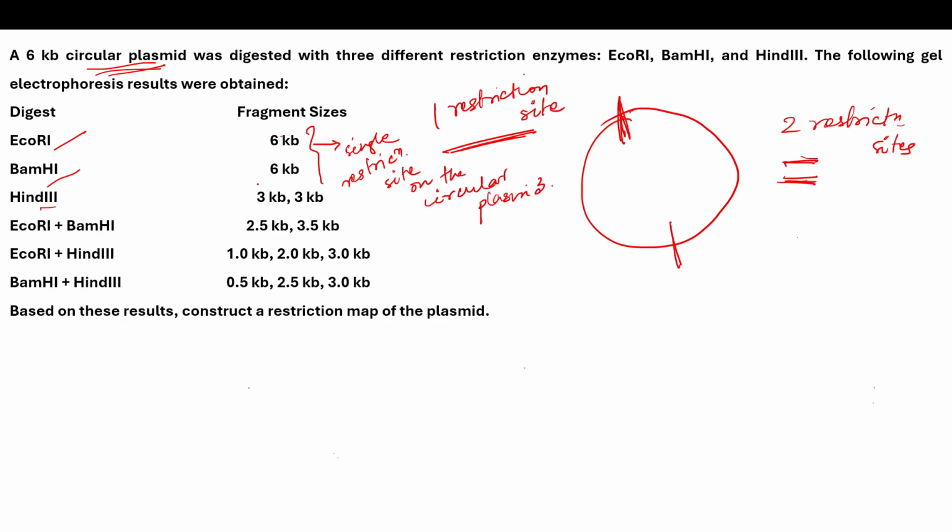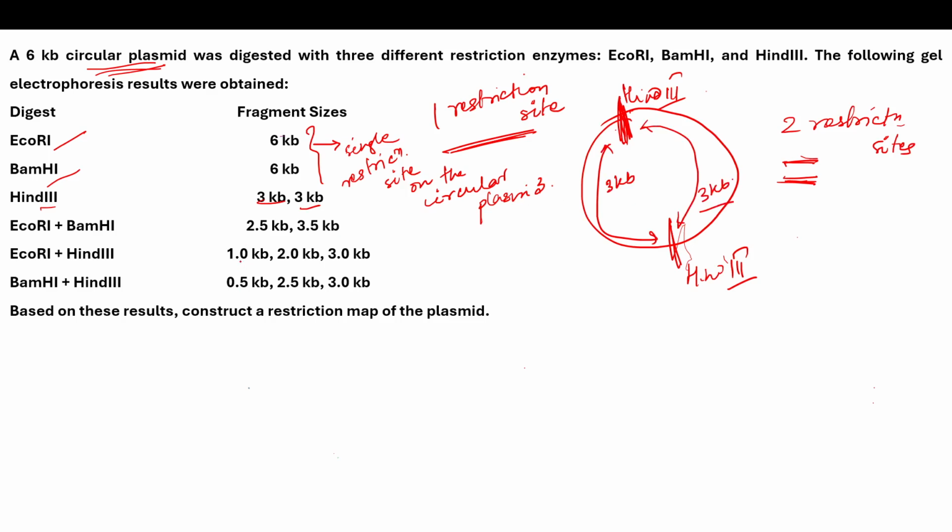And in the third case we see that it gives two fragments. So this is HindIII, which gives one fragment of 3 kb and another fragment of 3 kb.